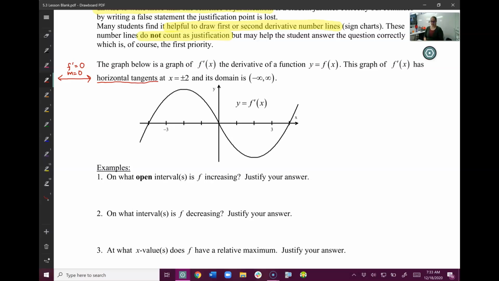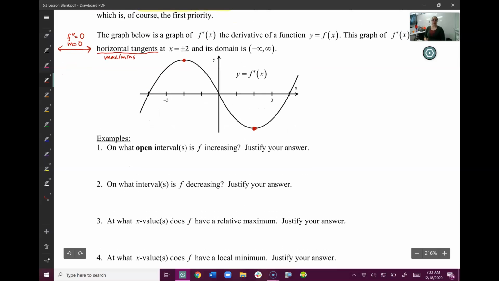So in this case, since this is the graph of f prime, horizontal tangent lines would mean the second derivative would be 0 at those points. It's also just a shortcut for saying maxes and mins, extrema. So we have a maximum at -2 and a minimum at +2.